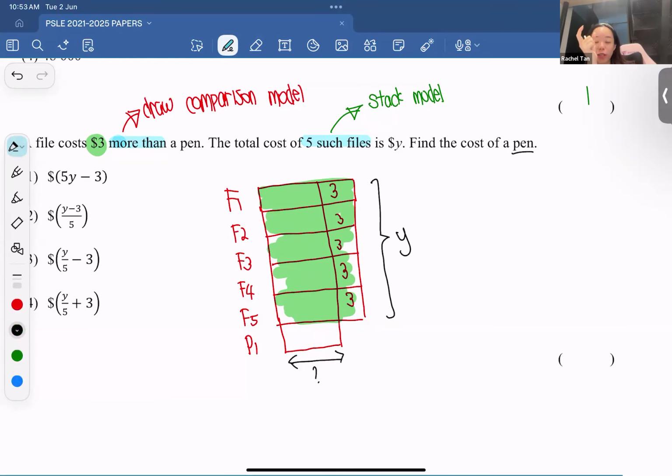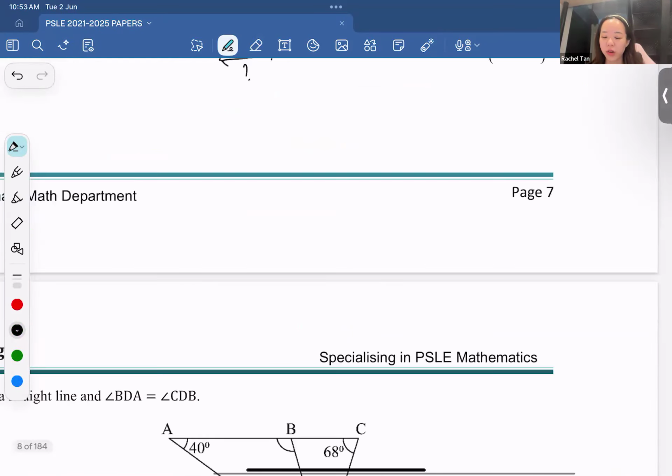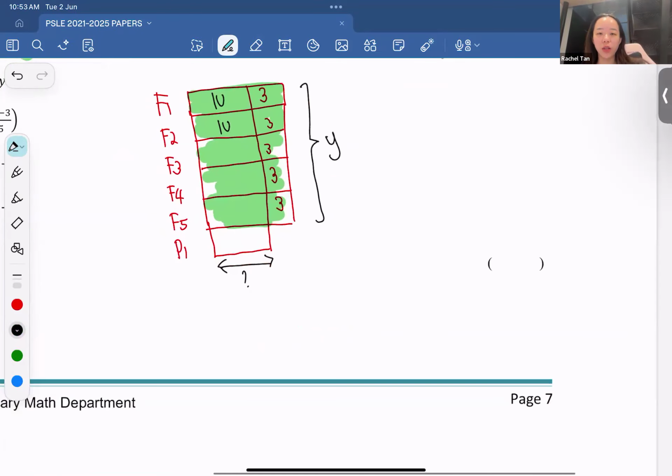We know that those that are the same size, we usually call them 1 unit.